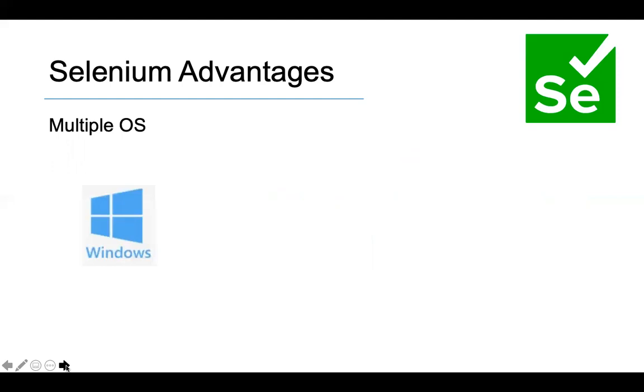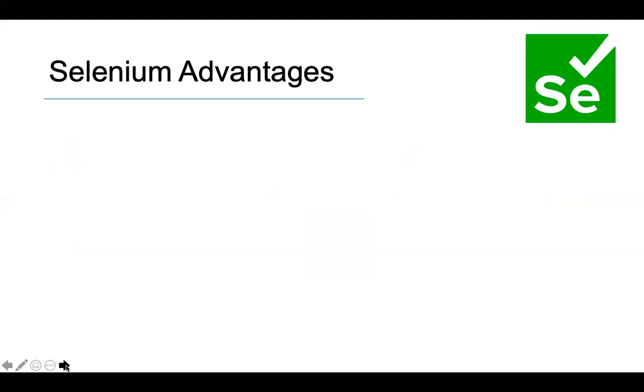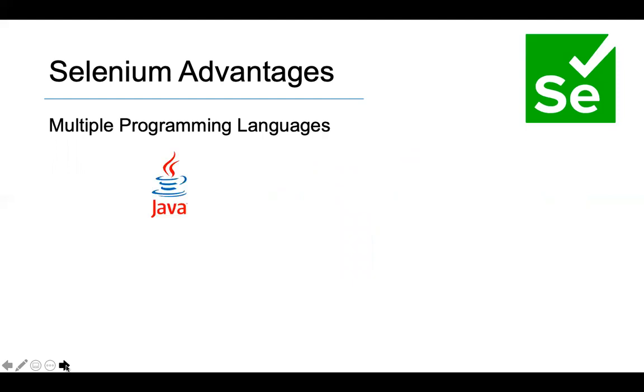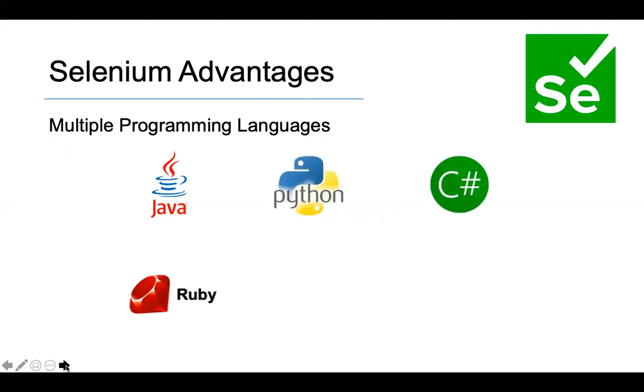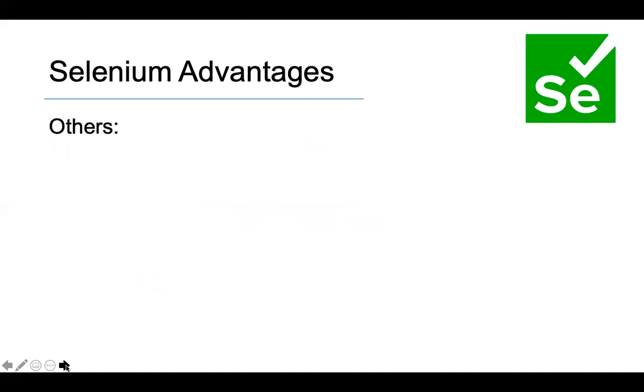It supports Windows, you can run the scripts on Mac OS, you can execute your test scripts on Linux, and it also supports Solaris. Selenium supports multiple programming languages: Java, Python, C Sharp, Ruby, JavaScript, and also Kotlin. So you can choose the language of your choice when you want to use Selenium.